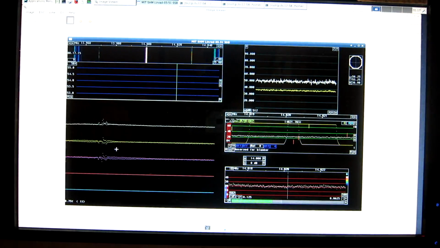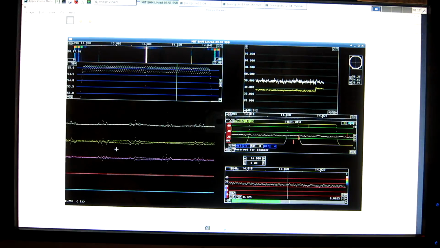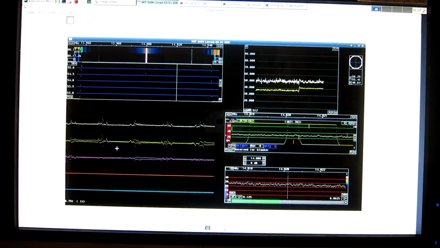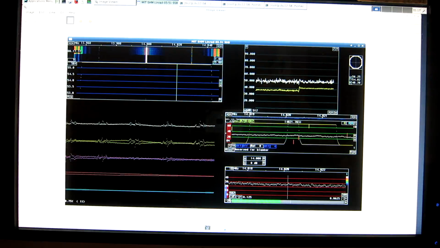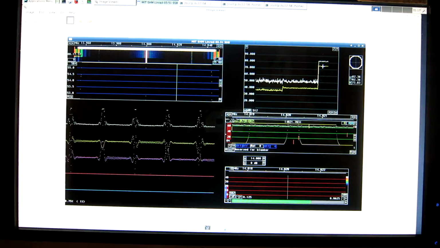It's not bad, however. I can increase the pulse repetition frequency. Now we have bad interference. And if I disable the blanker like that, you can see the level is 75 decibels.